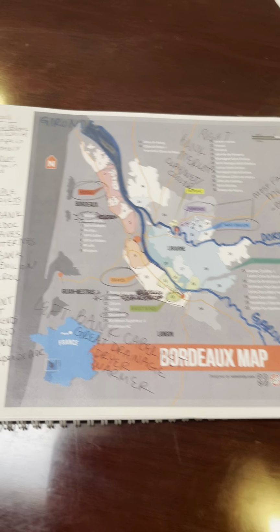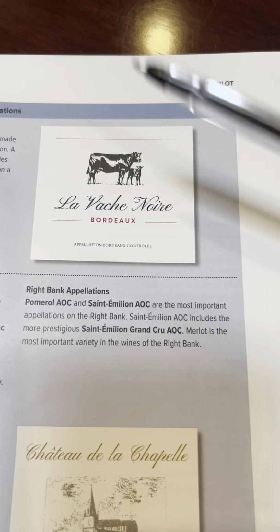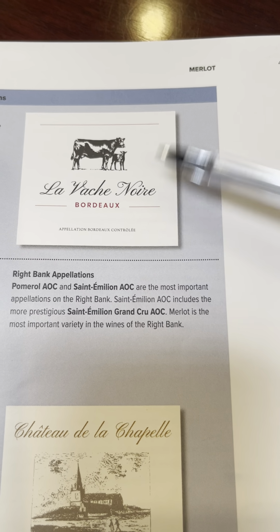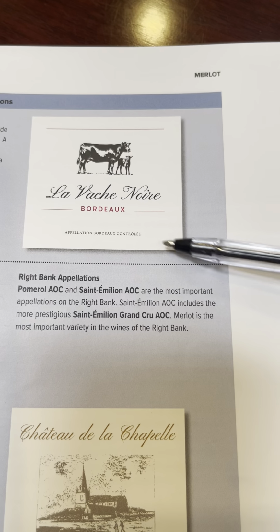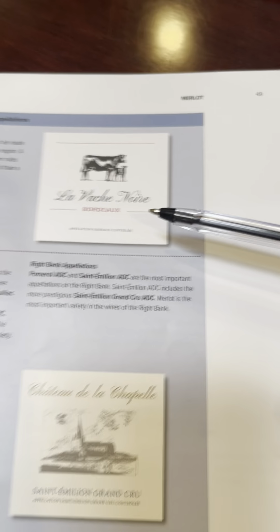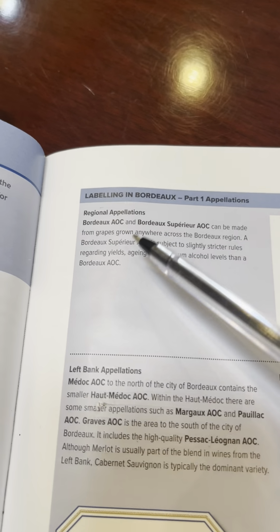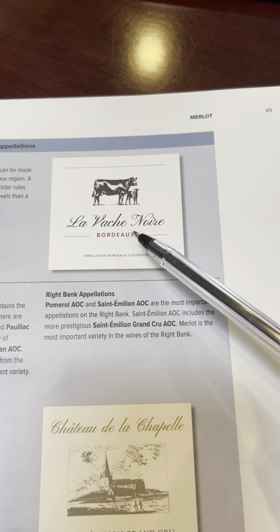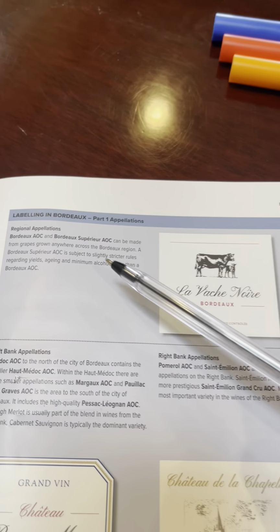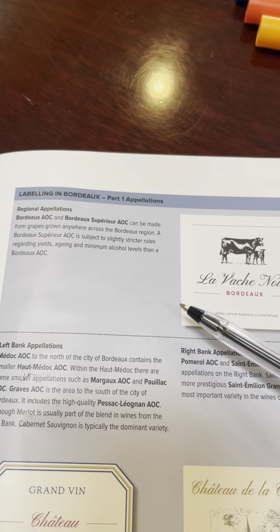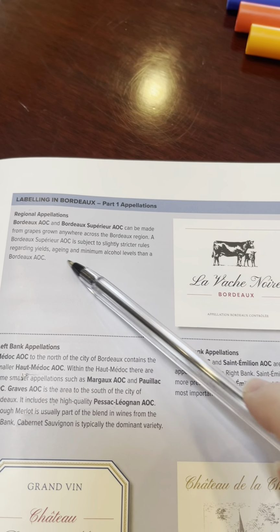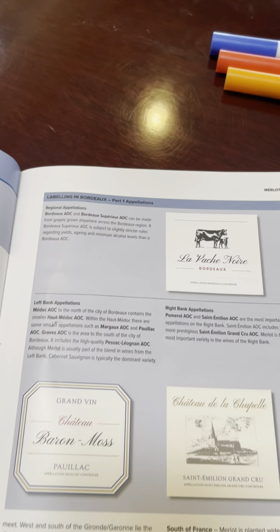So if you see Bordeaux, it's probably just a Merlot-based blend, with Merlot being the predominant grape. If you see Bordeaux Superior, then it's still a Merlot-based main grape, but it has probably a little bit higher quality.